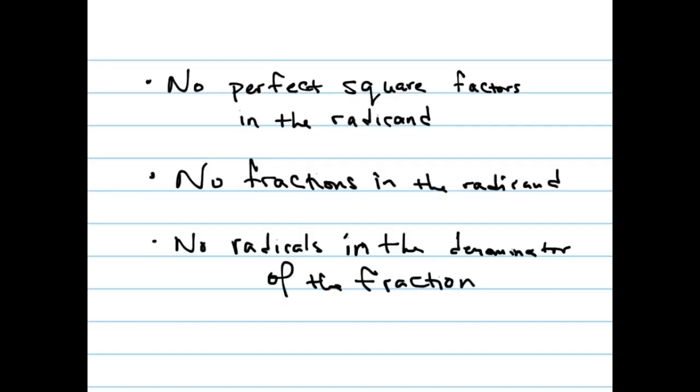So in example 1, we're given the square root of 32, and we need to simplify it. So the first question is, what perfect square factor goes into 32? 16. How many times? So it's fair to say that 32 is 16 times 2, right?